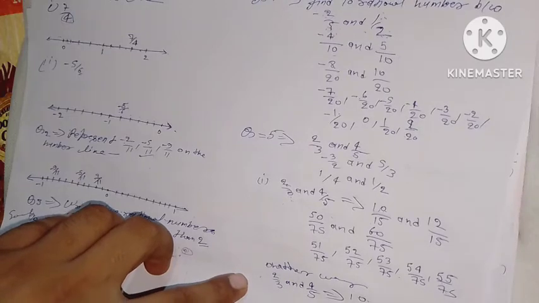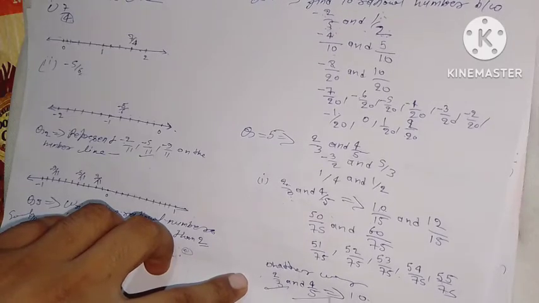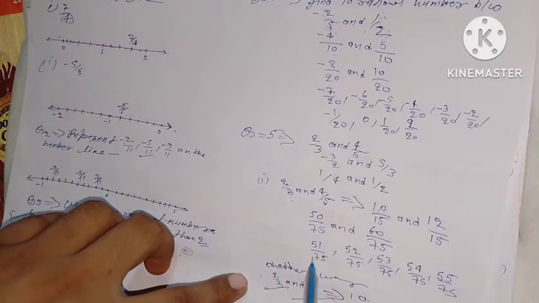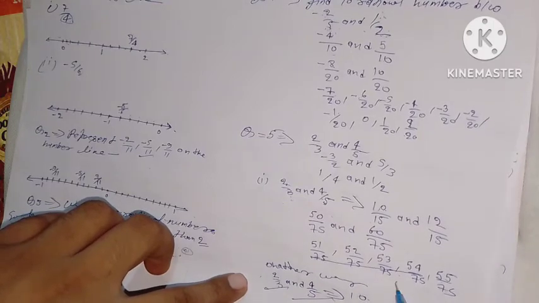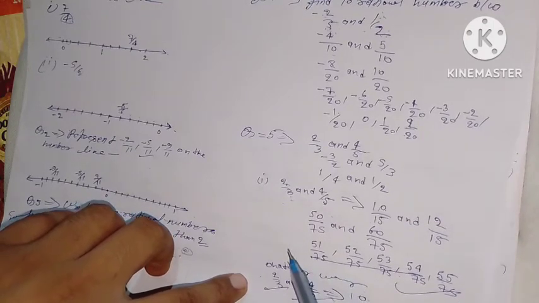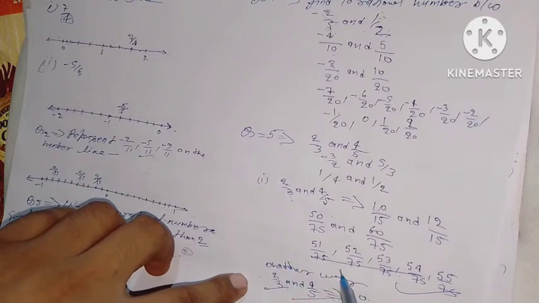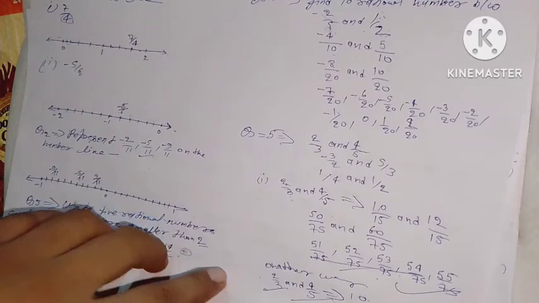There are 5 rational numbers between 2 upon 3 and 4 upon 5. Both answers are correct because rational numbers between two numbers are not unique.